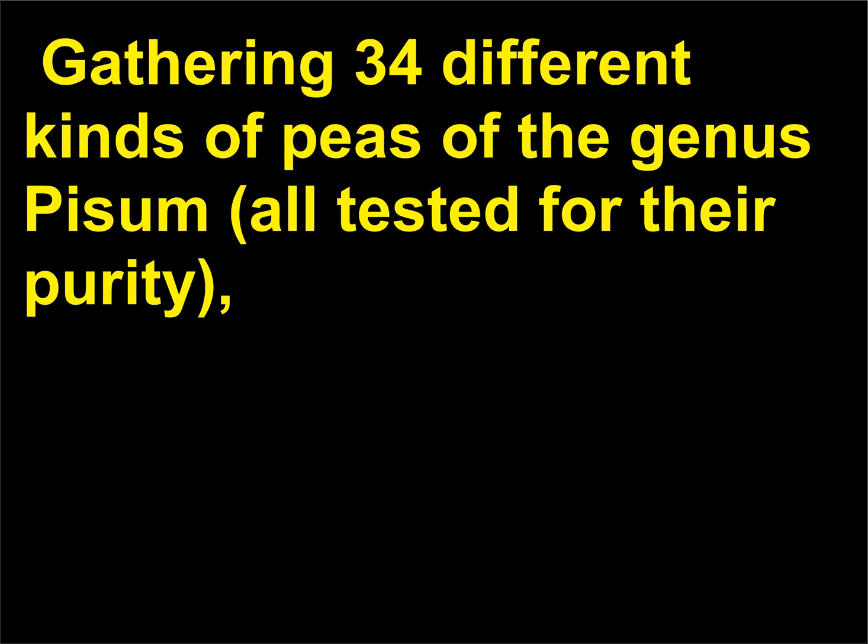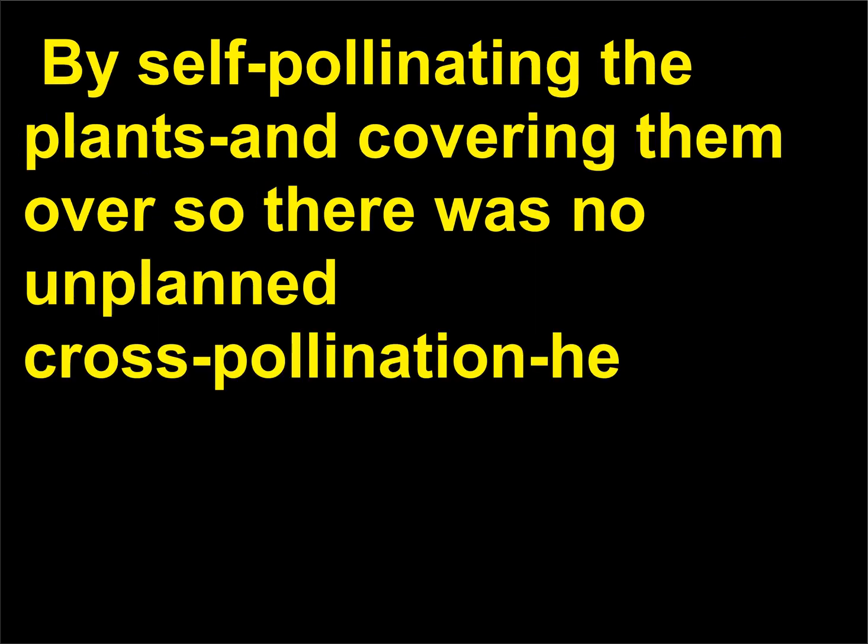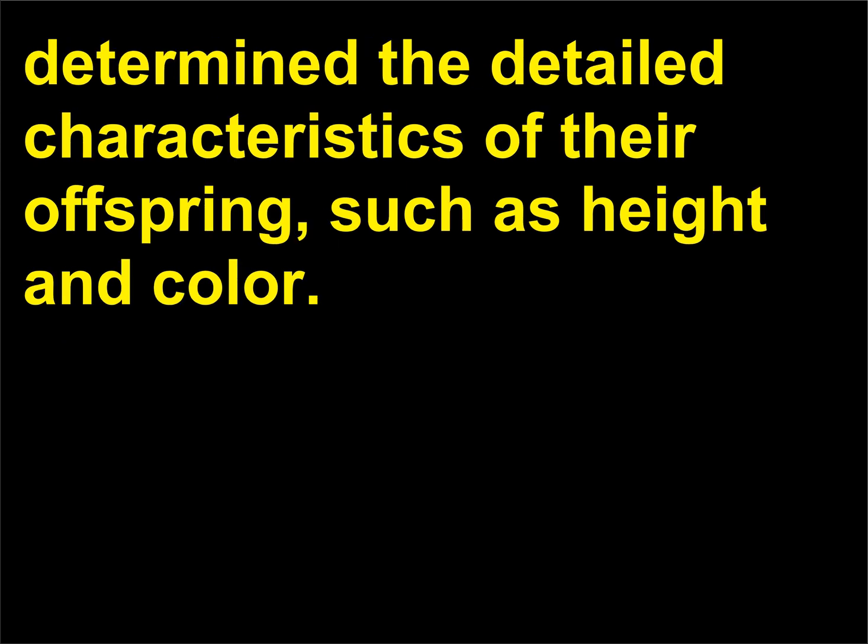Gathering 34 different kinds of peas of the genus Pisum, all tested for their purity, he attempted to determine the possibility of producing new variants by crossbreeding. By self-pollinating the plants and covering them over so there was no unplanned cross-pollination, he determined the detailed characteristics of their offspring, such as height and color.